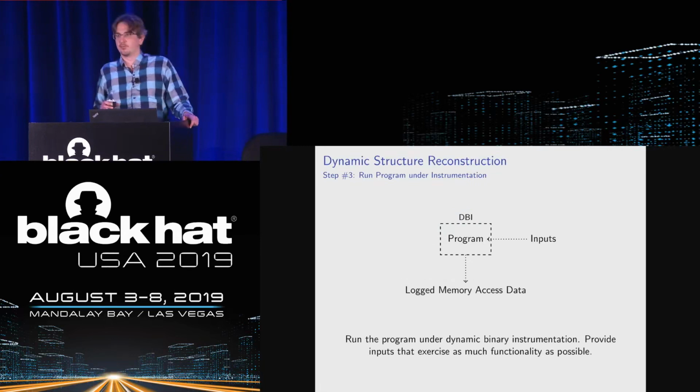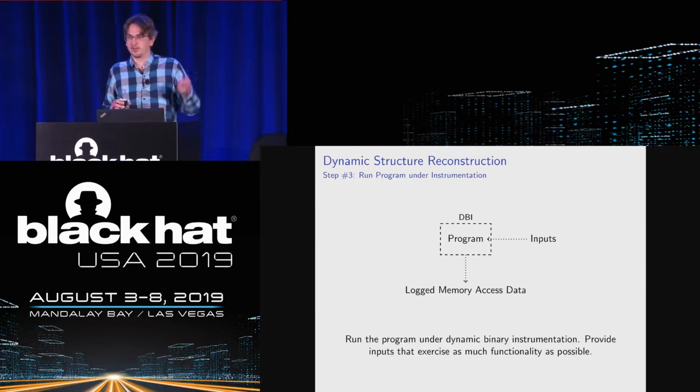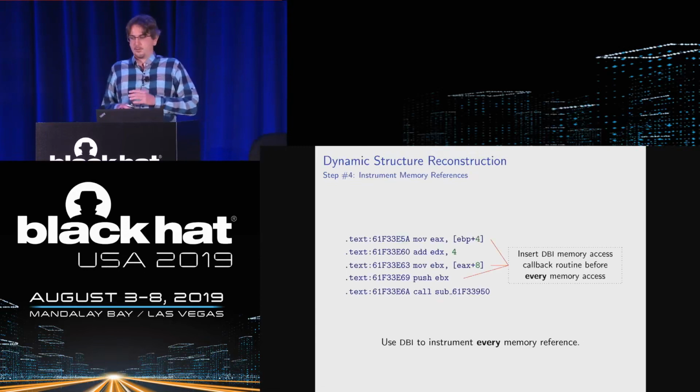If you're running Adobe Reader or something, this means provide a PDF for it to open or something along these lines. And then we're going to log accesses to the allocated structures and record them. Via DBI, we are going to insert callback routines on every memory access.